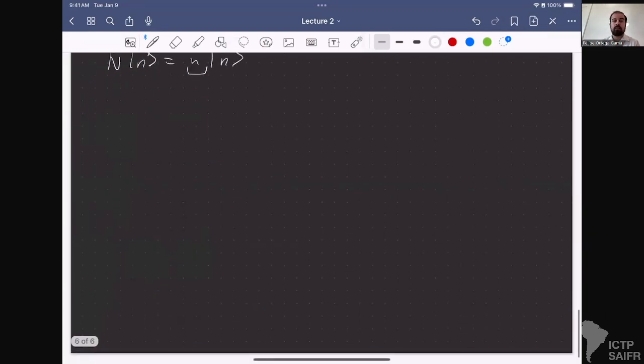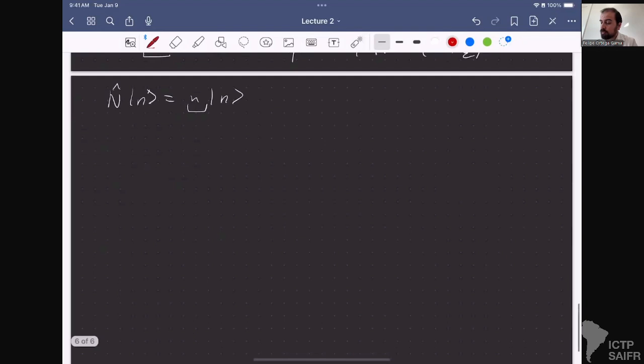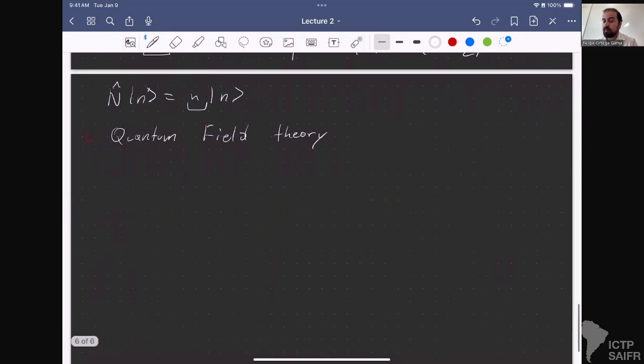Let's go and look at something more interesting, which is part C. This is going to be actual quantum field theory. So again, we just take our fields, phi of x, and in the Hamiltonian formalism, the conjugate momenta pi of x.